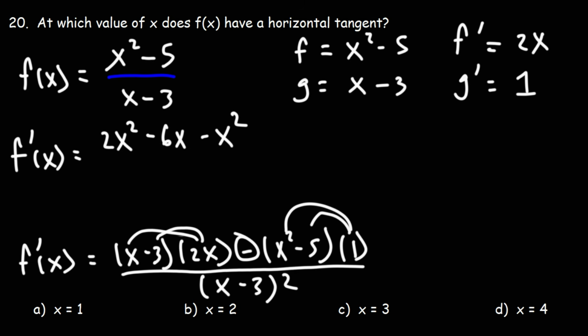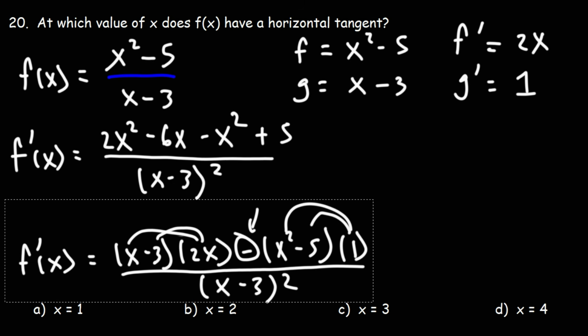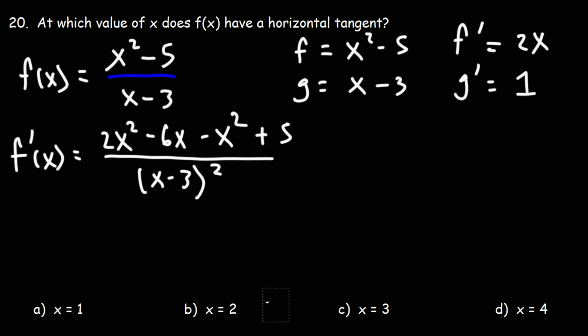And then 1 times negative 5 plus the negative, that's going to be positive 5. And on the bottom, we're just going to have x minus 3 squared. Two x squared minus x squared, that is x squared.